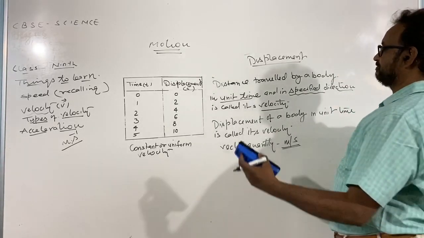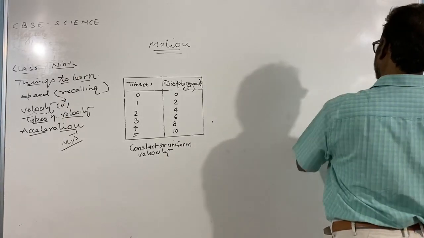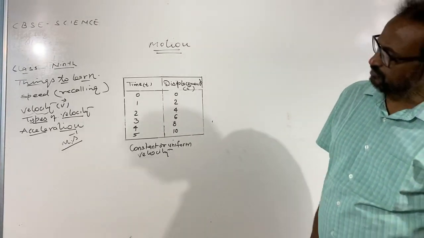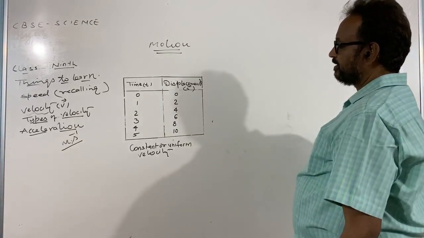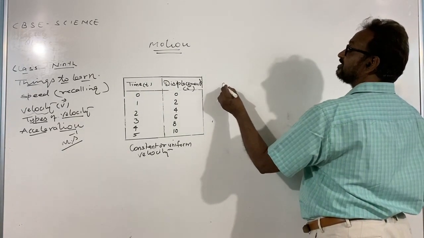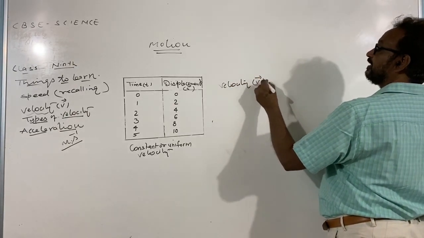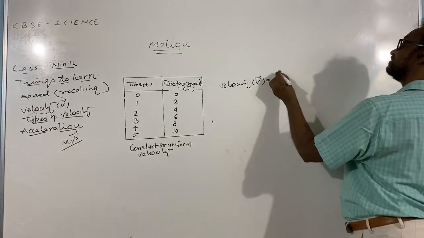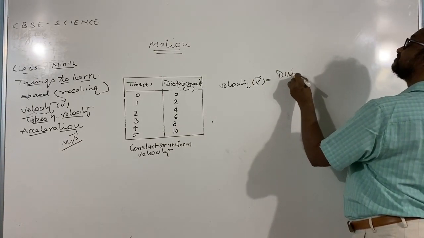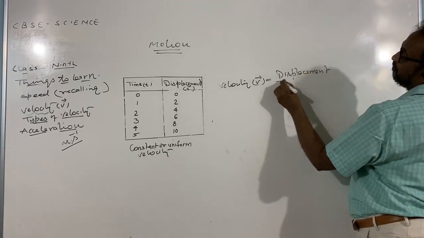Now let us see how velocity of a body is calculated. Velocity is equal to displacement over time.